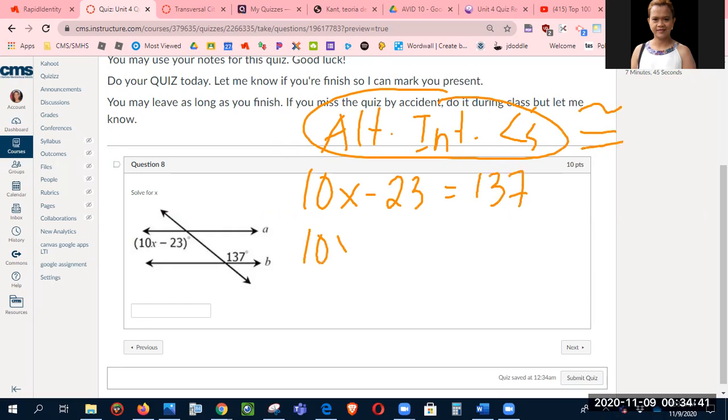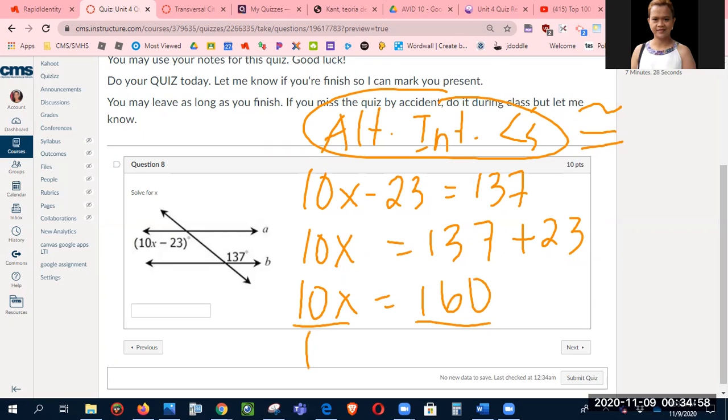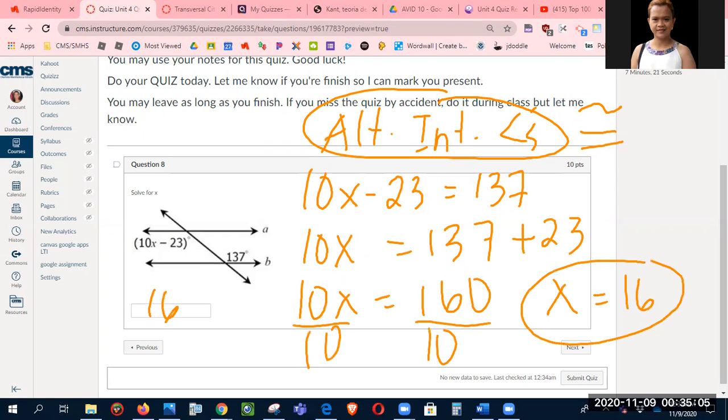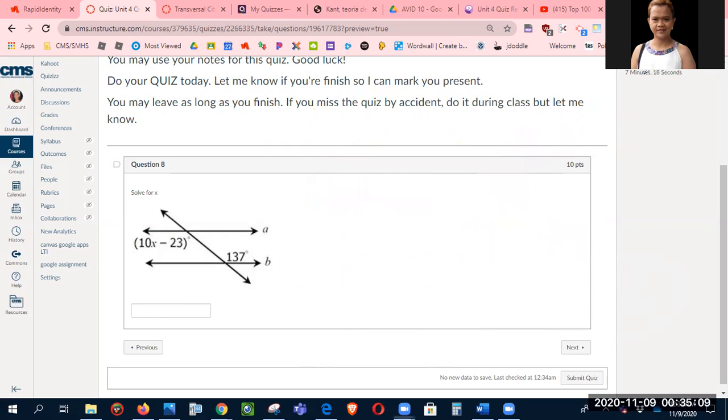So 10x equals 137 plus 23, and 137 plus 23 is 160. So that becomes 16. So x is 16. So we're good.